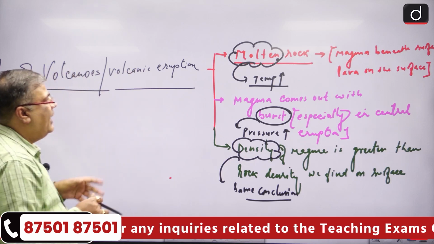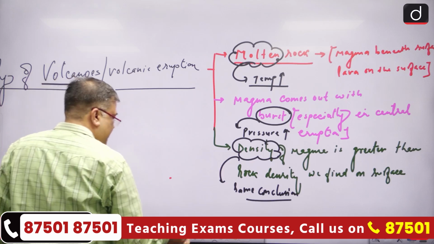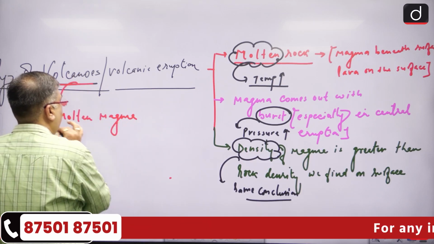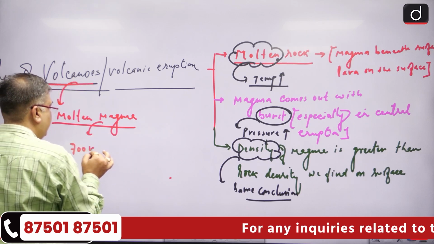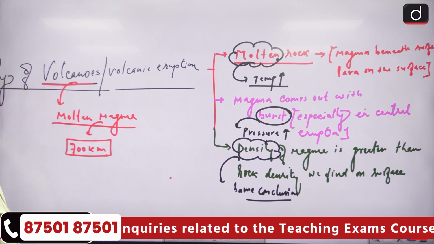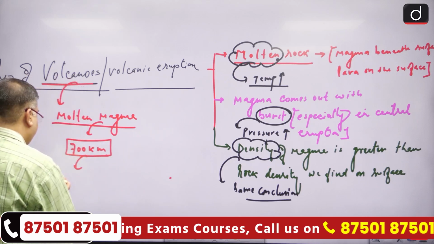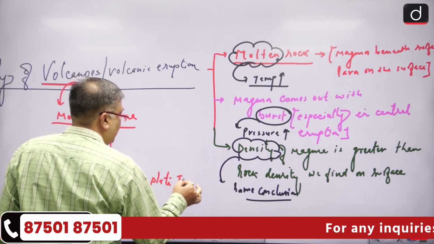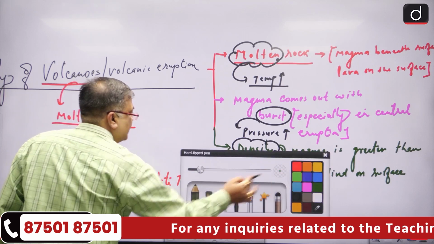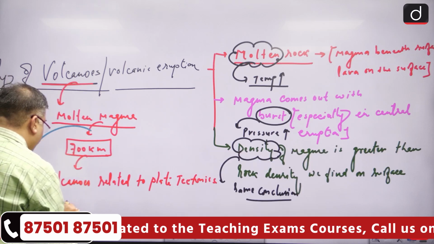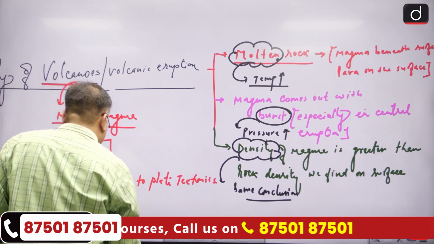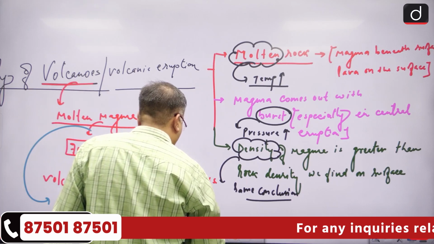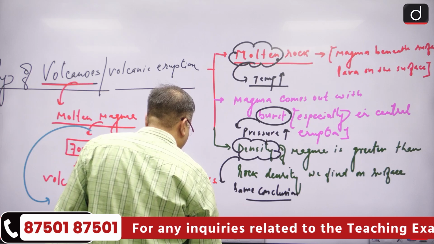But this volcanic study also has a limitation, and the limitation is that the maximum depth from where this molten magma can reach is 700 kilometer in case of volcanoes related to plate tectonics, and the maximum depth it could have is 2900 kilometer in case of hot spot volcanoes, also called mantle plume.